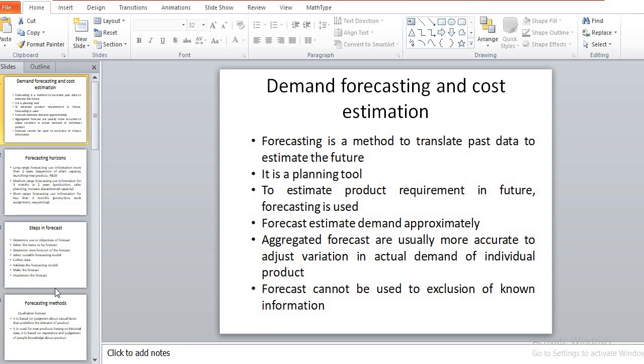According to the forecasting technique, forecasting can be done for different time zones.